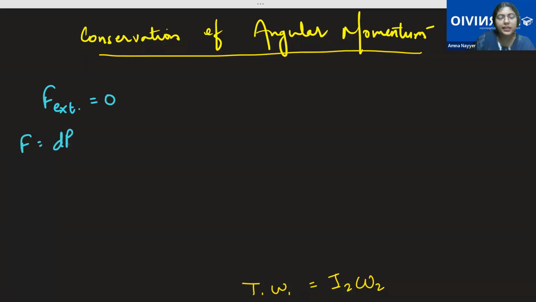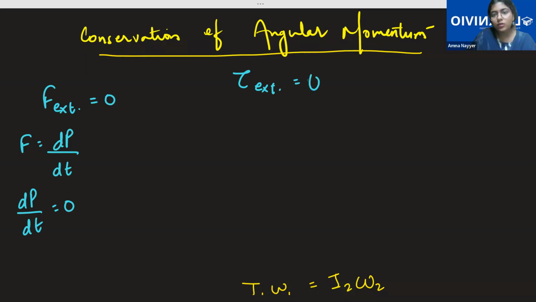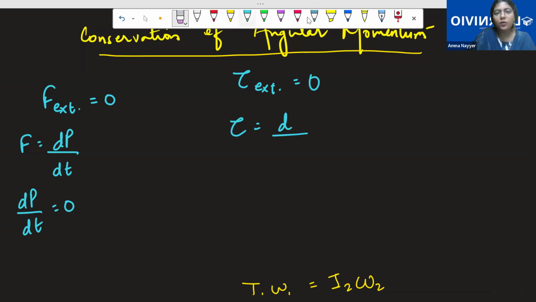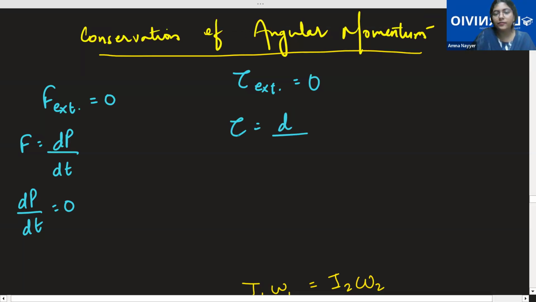F is dp over dt, so this rate of change of momentum is equal to 0. Then we talk about conservation of angular momentum. So torque external is equal to 0 in this case. Just relate it with this and you'll be able to remember it very easily. And torque is dL over dt.